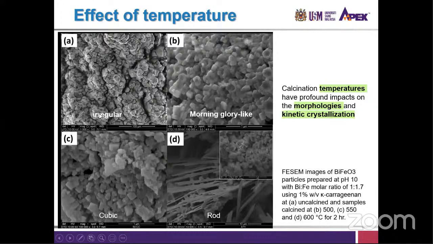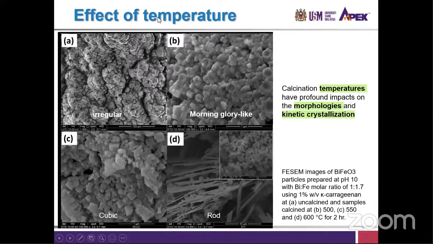You can see here an irregular structure in very bulk sizes when the precursor is uncalcined. When you calcine it at 500 degrees C, the morphology turns into a morning glory-like shape. At 550 degrees, a cubic structure forms. And if you further increase the temperature to 600, it elongates into a rod structure.